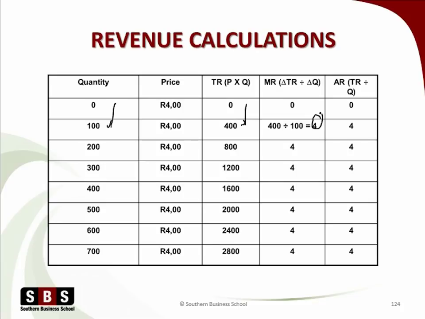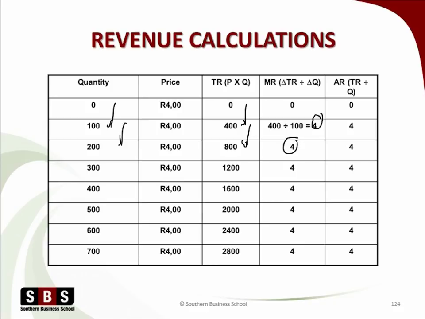Here the change is from 400 to 800 and from 100 to 200. That's why you'll get again 400 divided by a change of 100, which is again 4. But it could be different values. This is just to explain how it's calculated. Everybody okay with that part? Because that always comes up in the tables. It's the marginal, average, total, and so on.